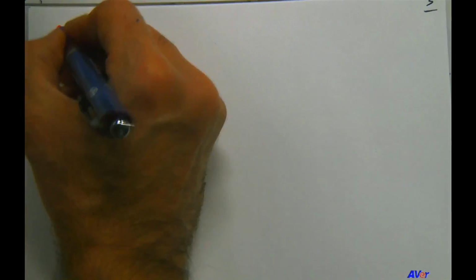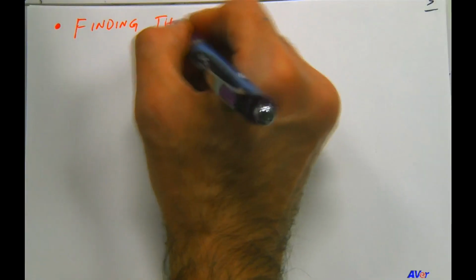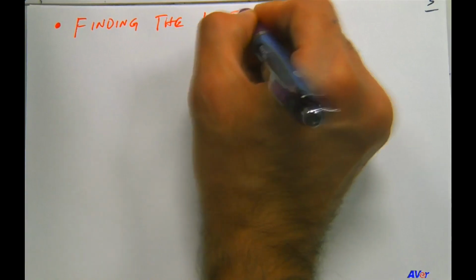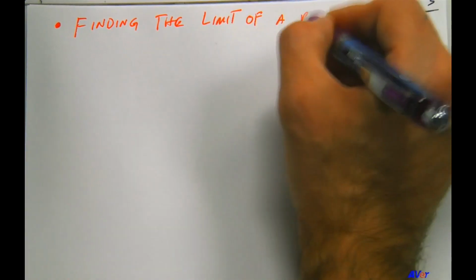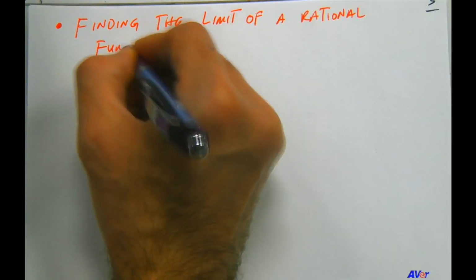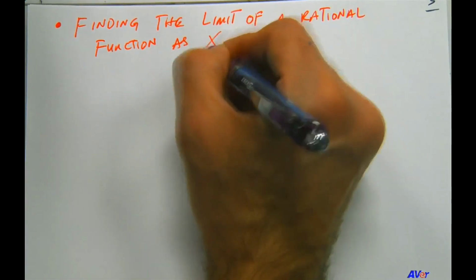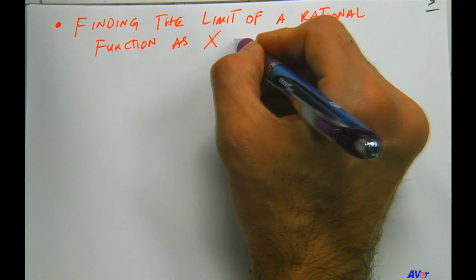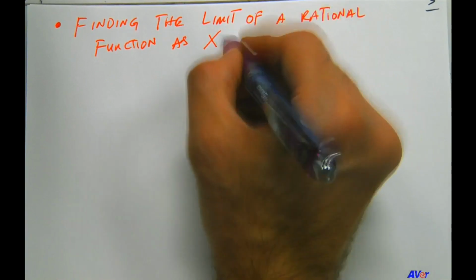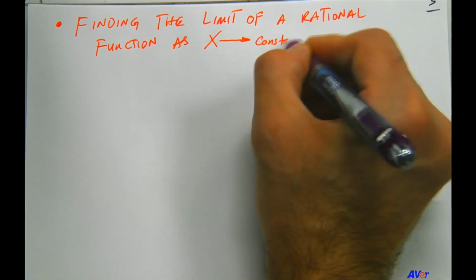So we want to kind of categorize these in different techniques. So we're going to talk about now, with examples of course, finding the limit of a rational function as x approaches a constant value.